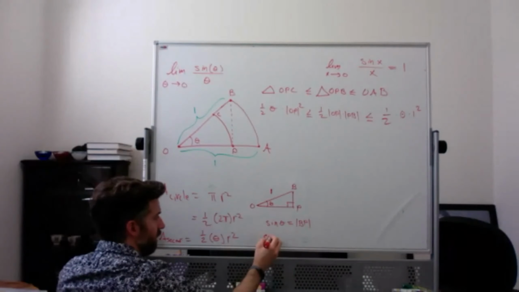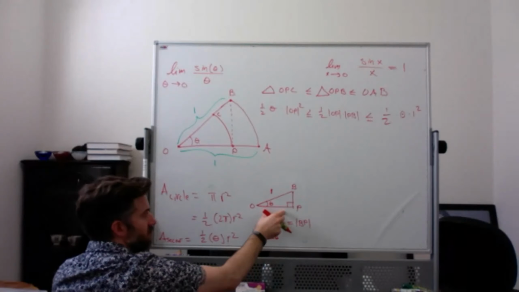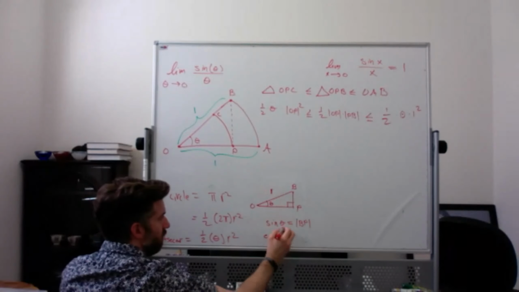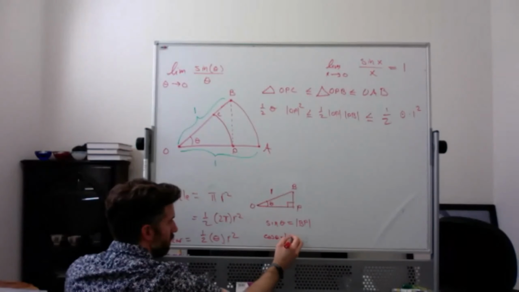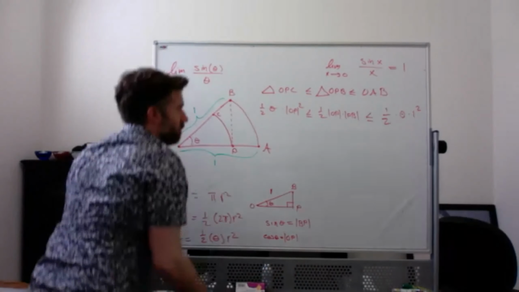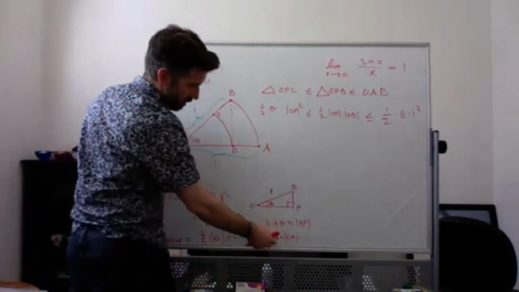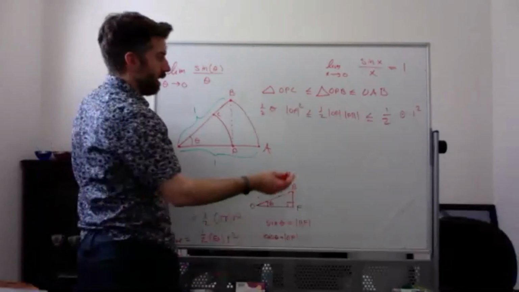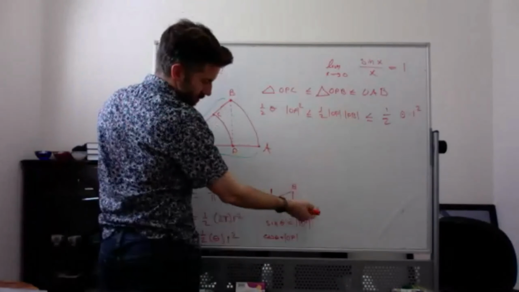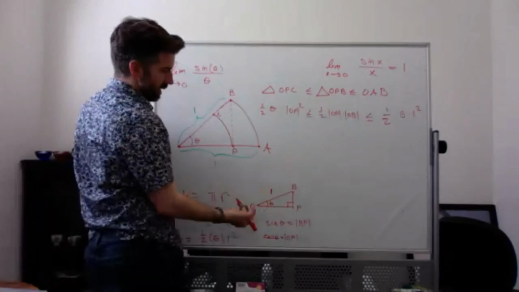And cosine of theta is the adjacent over the hypotenuse, which is just the length of OP over 1. So I can replace in this equation OP with cosine of theta and PB, or BP, sorry, same difference, with sine of theta.